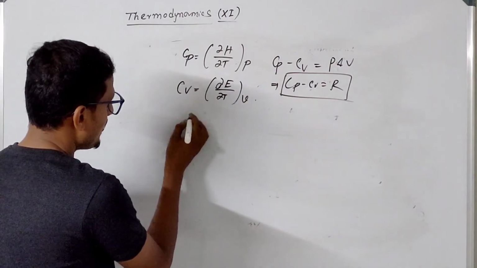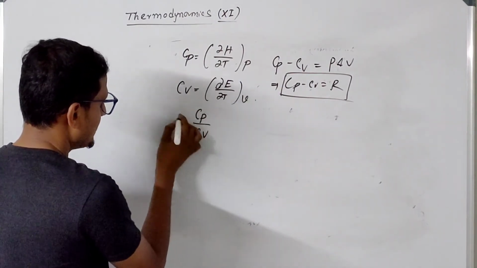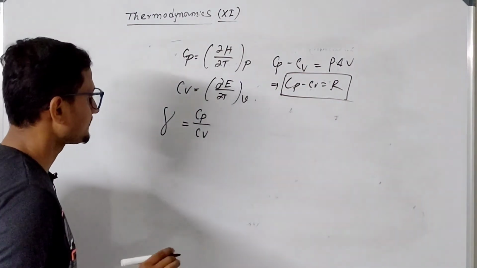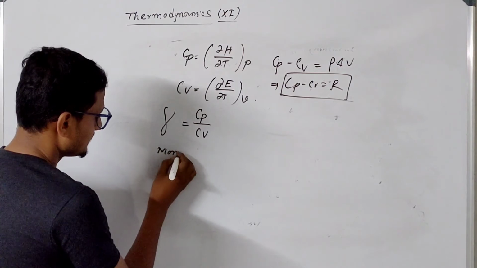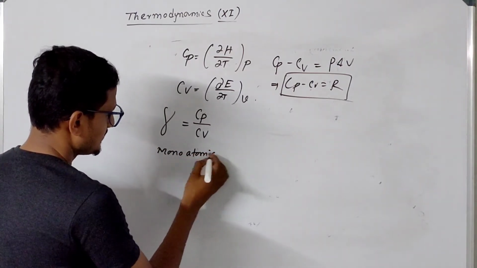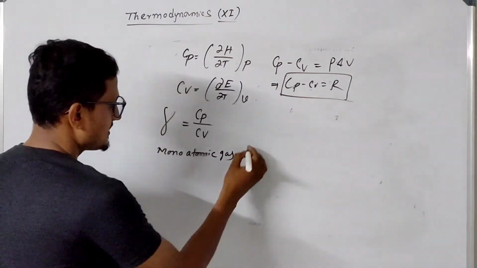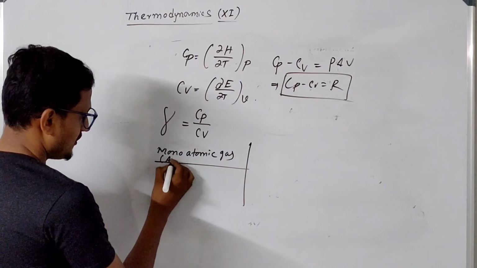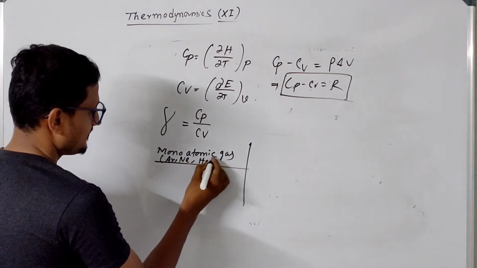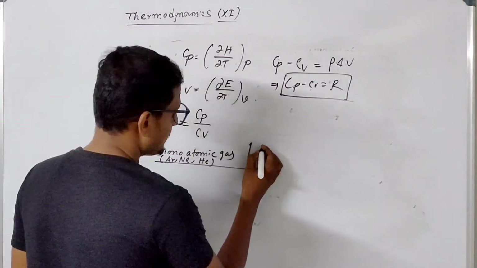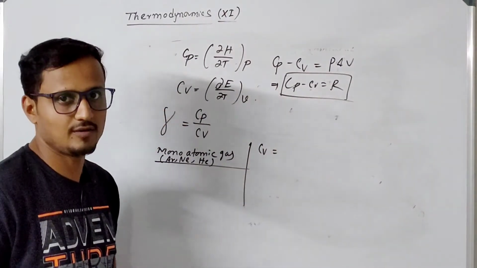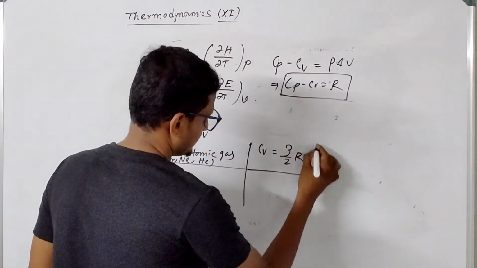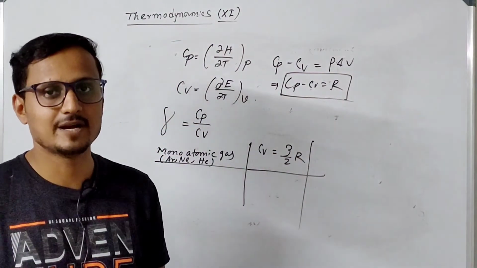For monoatomic gases like argon, neon, helium, the value of Cv is 3/2 R.